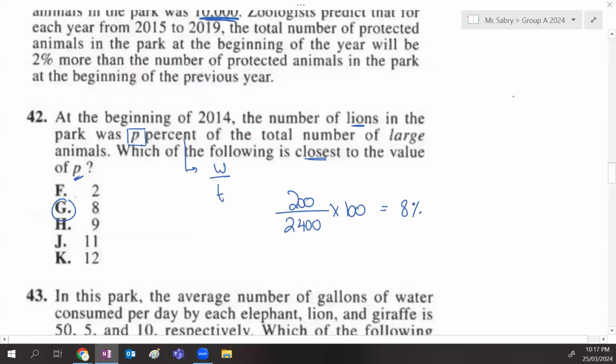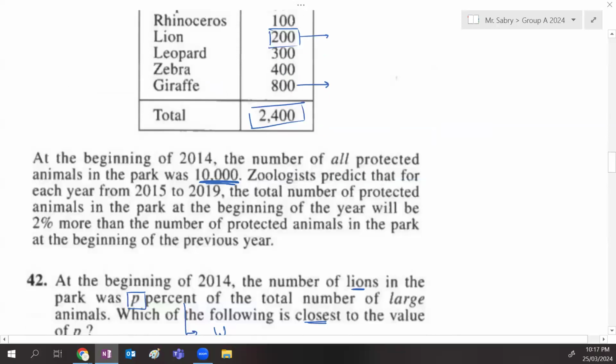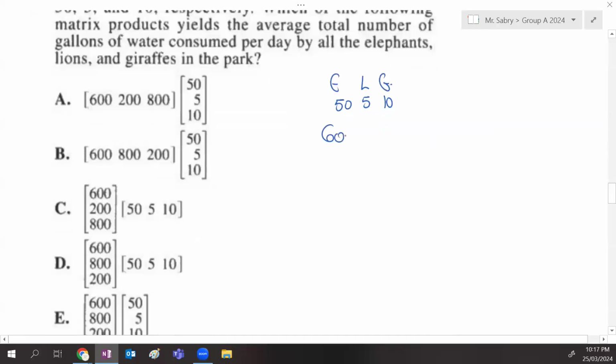So I'll go back and check the elephants, lions, and giraffes. There are 600 elephants, 200 lions, and 800 giraffes. 600, 200, 800.